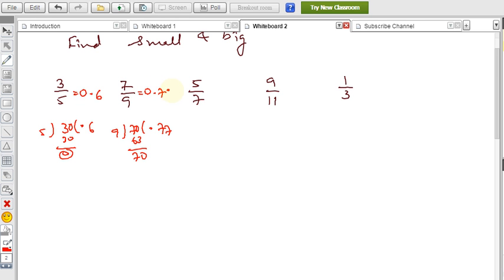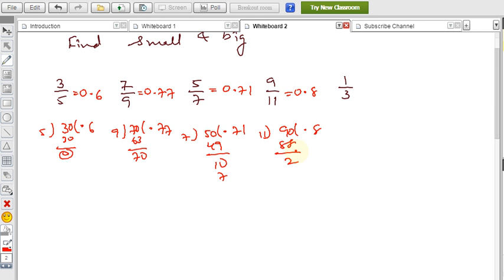So 0.77. 5 by 7, 5 divided by 7, put 0 on the point, 7 7s are 49, 1 0, 7 1s are 7, 0.71 it is. 9 by 11, 9 divided by 11, 0.81. 1 by 3, 1 divided by 3, 0.33, 0.33.